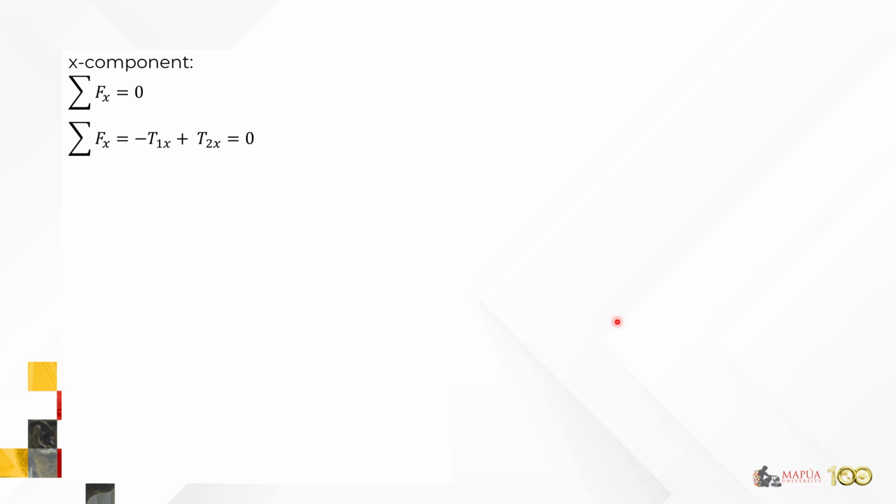You'll notice here that we didn't have an x component or term for the weight W. If you check the free body diagram, W actually doesn't have any horizontal component, because its direction is perfectly downwards. So its horizontal component is 0.